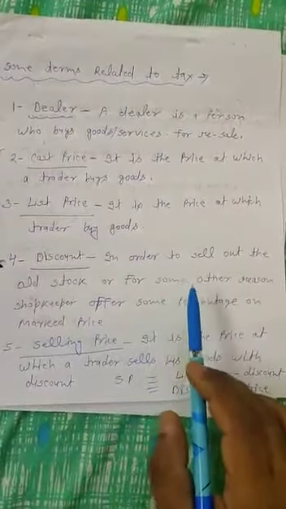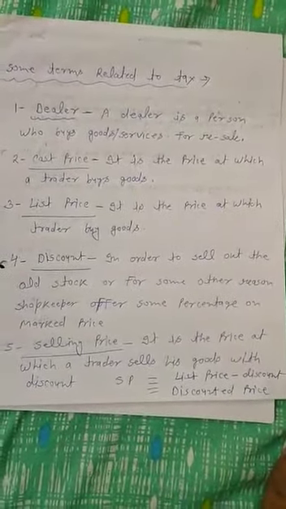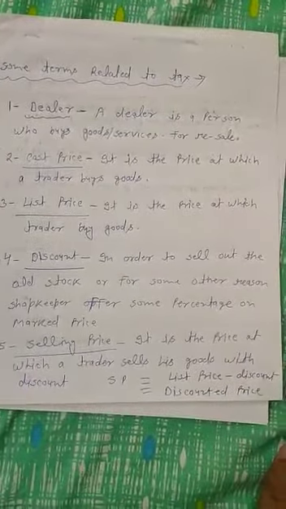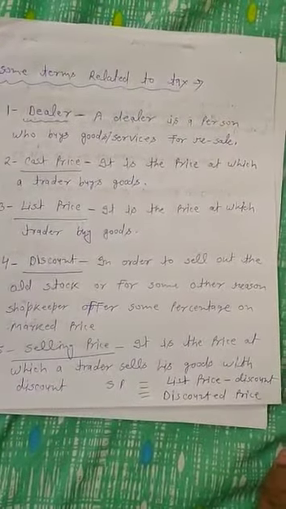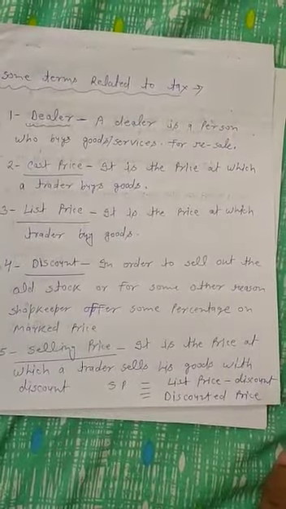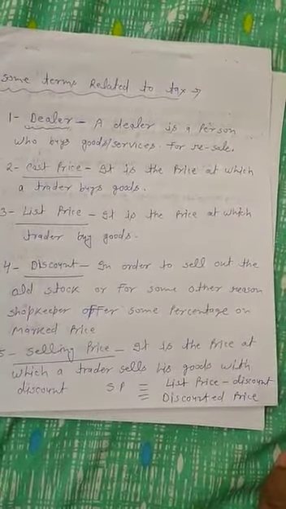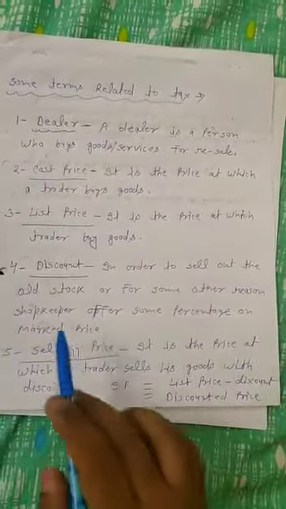Means sometimes there are so many goods available in the companies. So in order to sell the old stock or for any other reason, the shopkeeper provides a discount for the consumer. It is always on the mark price.